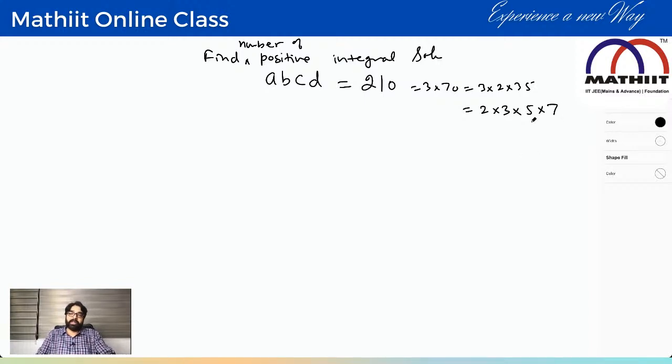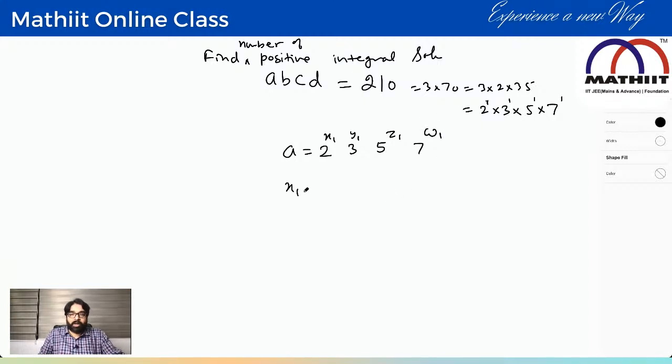I hope I did it correctly. Yes, 2, 3, 5, 7. These are coming, so all the powers are 1, 1, 1, 1. So for A, only one I'm writing, the rest you can use directly: 2 power x1, 3 power y1, 5 power z1, 7 power w1, something like that.